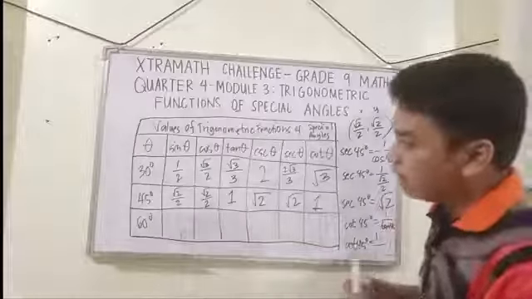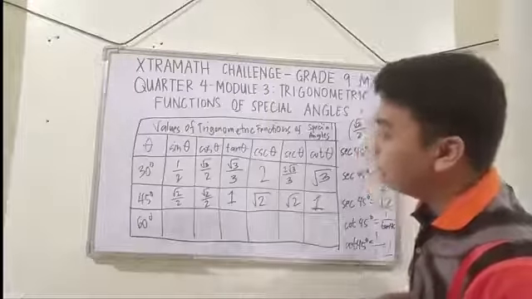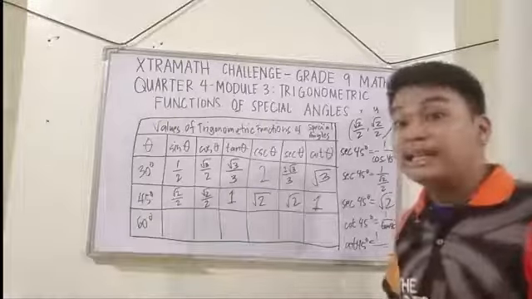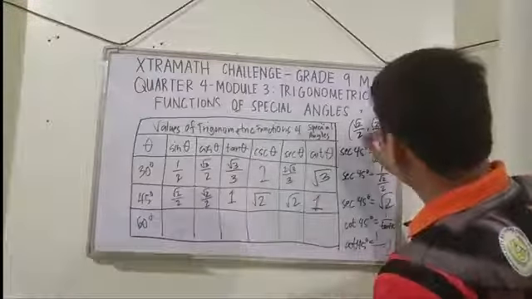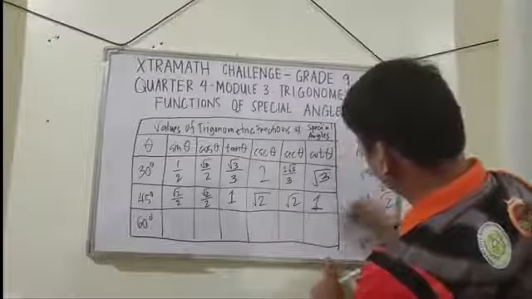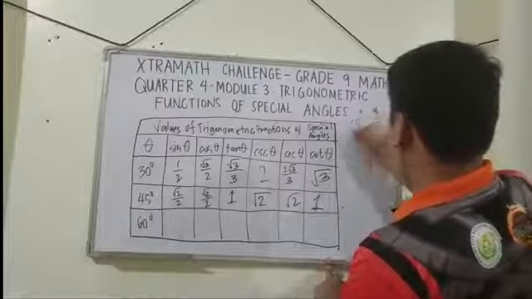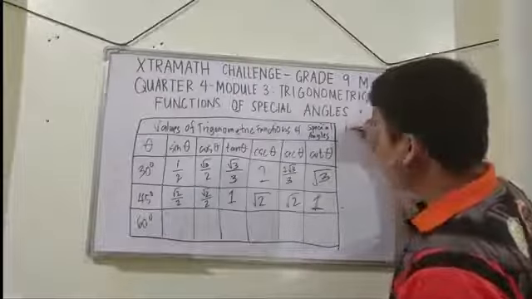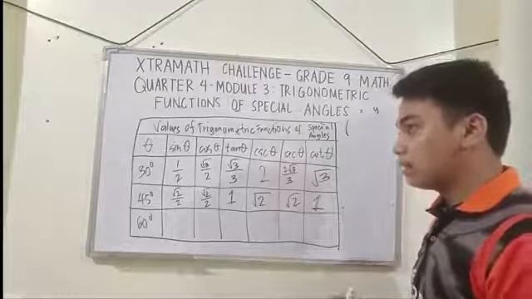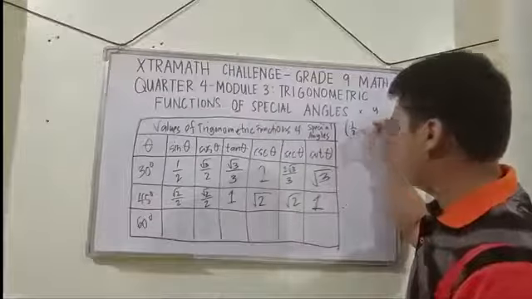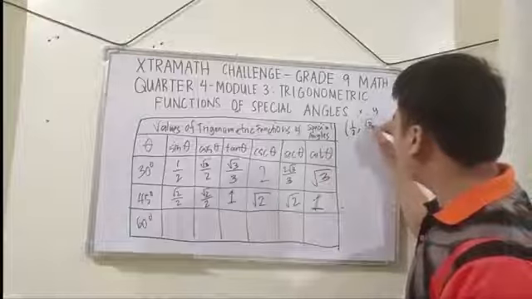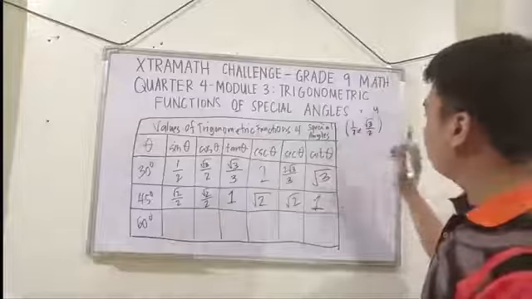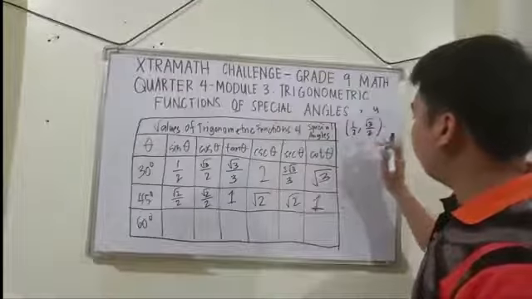Now, for the last part, we are going to find the trigonometric functions of the angle 60 degrees. So the coordinate of 60 degrees is 1/2, square root of 3 over 2.